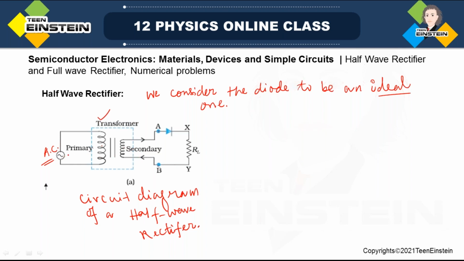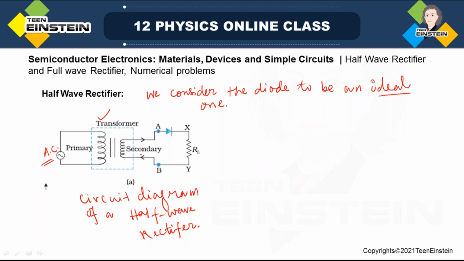When we feed an AC signal to the primary of the transformer, the same AC voltage, in the sense that it has the same time period and frequency, will be induced in the secondary.